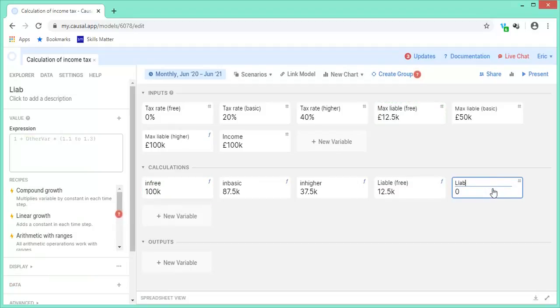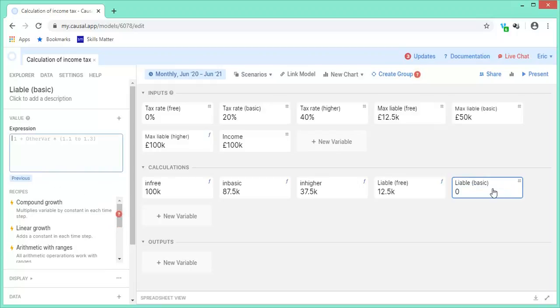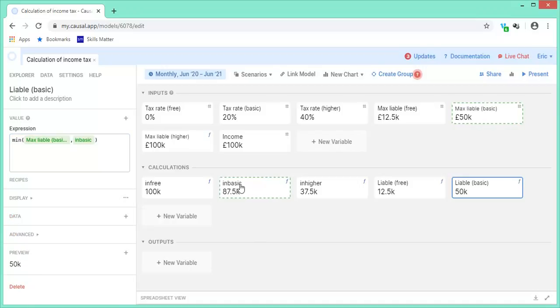Okay, and then we do again. How much is liable for basic? That's going to be the minimum of the max liable for basic and in basic. And it'll be 50 grand. So again, as we expect, they're going to be fully taxed at the basic level because they're making over 50 grand.